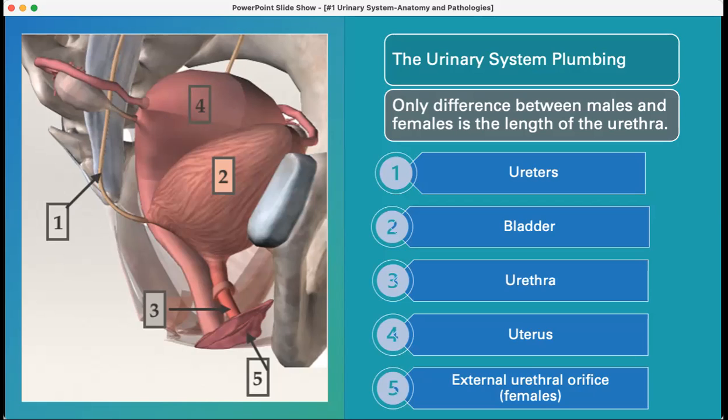And then, of course, the ureters come down into the bladder, and then the urethra comes out of the bladder and into this external urethral orifice. So the urethra in women, shown here, is relatively short.